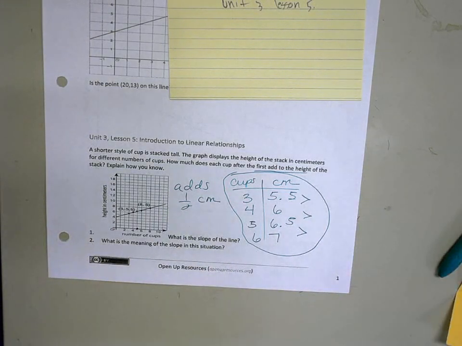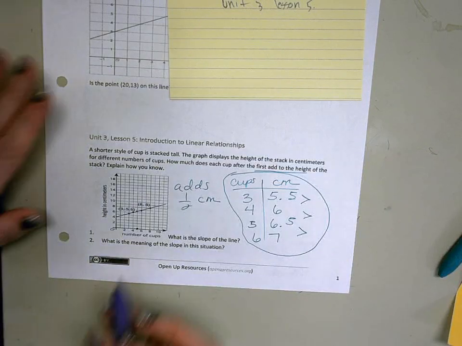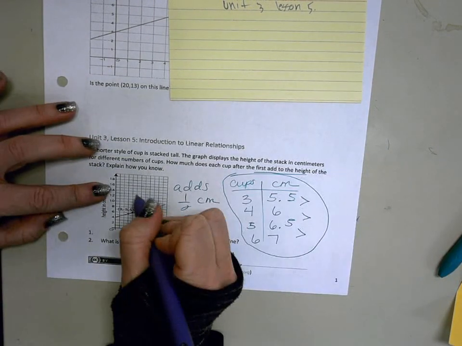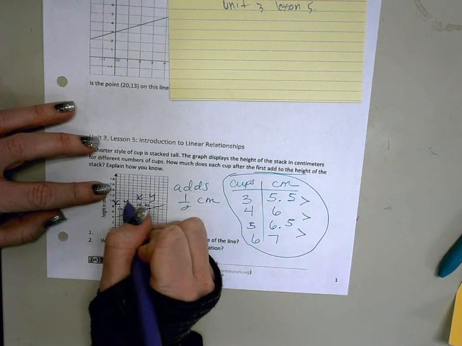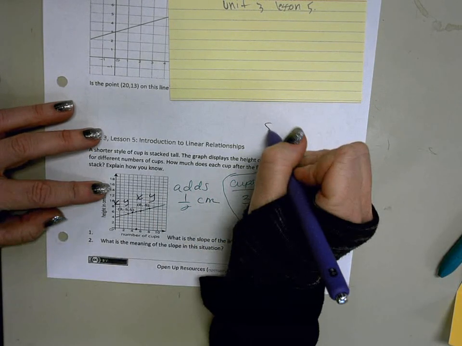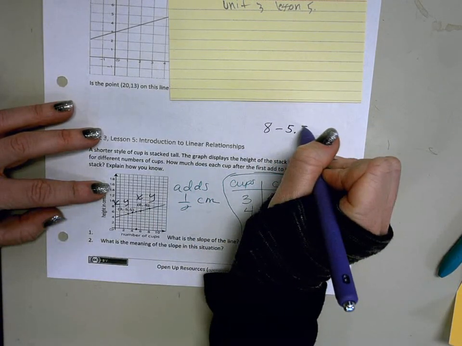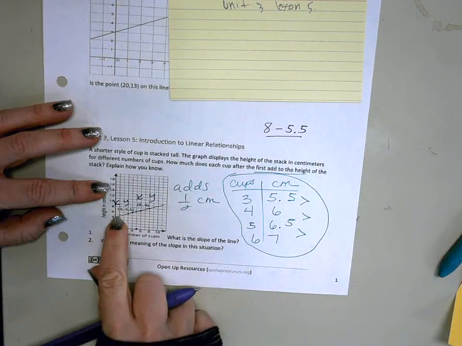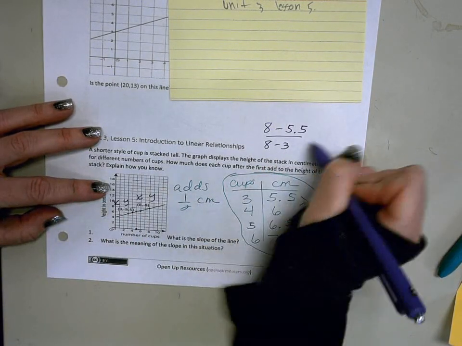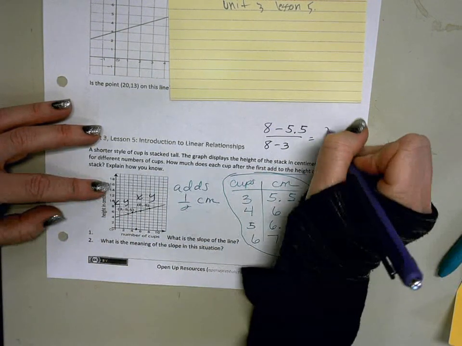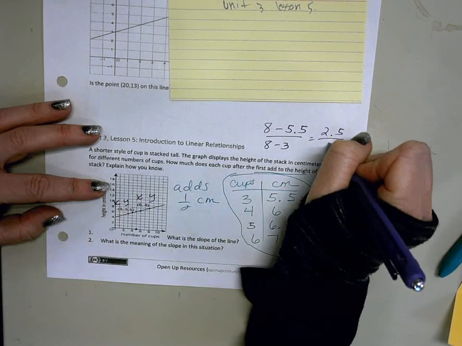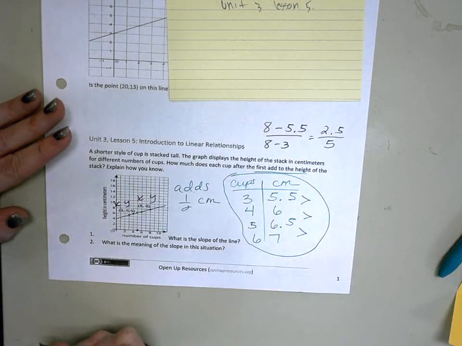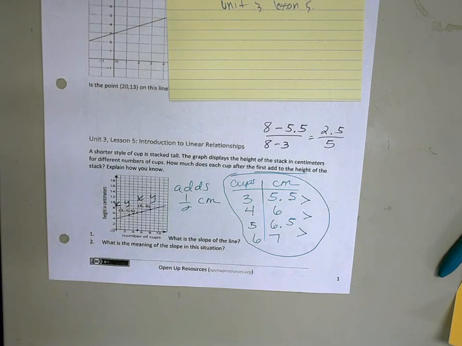So to find the slope, you could use your subtraction. You could subtract your y values. So I could say 8 minus 5.5 and 8 minus 3. And I'm going to get 2.5 over 5, which is kind of messed up because we have a decimal in our fraction.